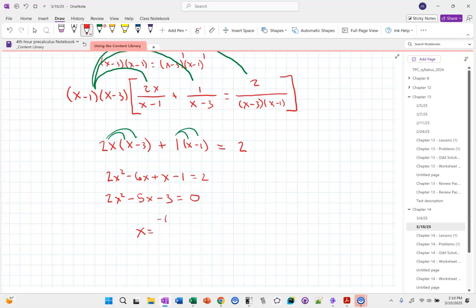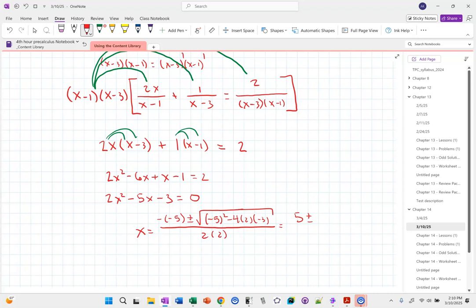Quadratic formula is negative b plus or minus the square root of b squared minus 4ac all over 2 times a. So negative of a negative is positive. Negative 5 squared is 25.